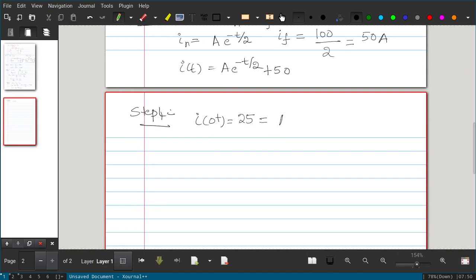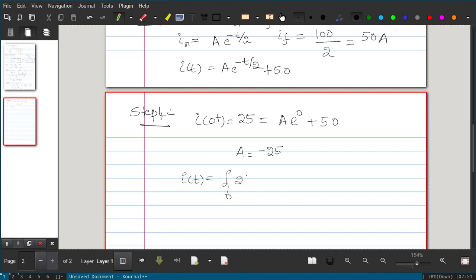That is equal to A into e power, you substitute t equal to 0, that is 0, plus 50. So A will have value minus 25. So if you substitute in the main expression, I of t is equal to 25 for t less than 0, the initial value, that is I of 0. Before that, I of 0 minus is equal to I of 0 plus.